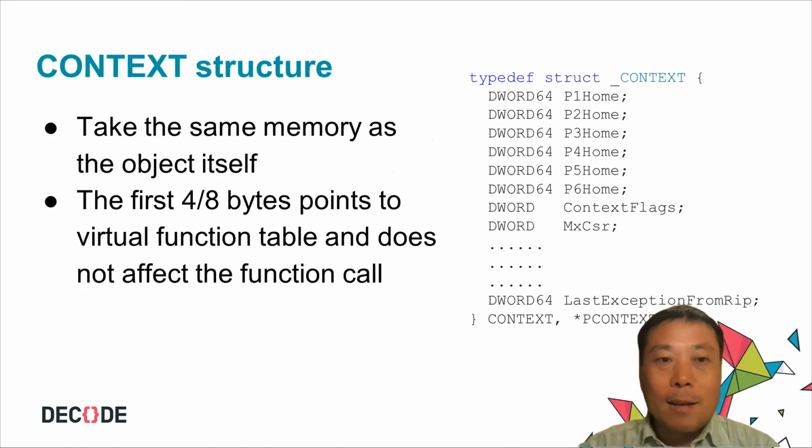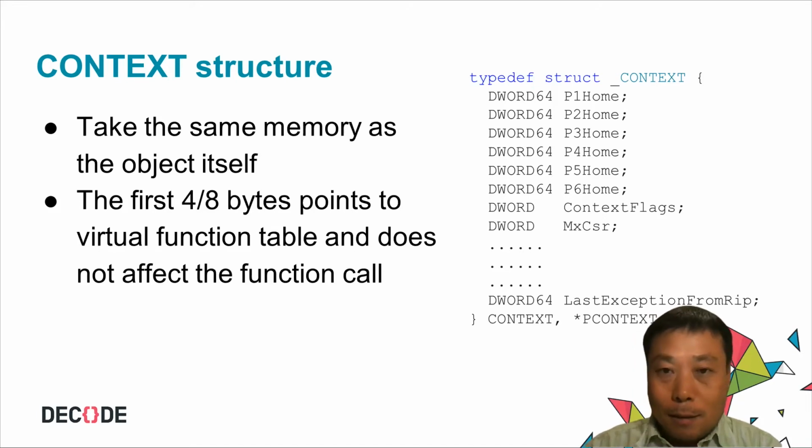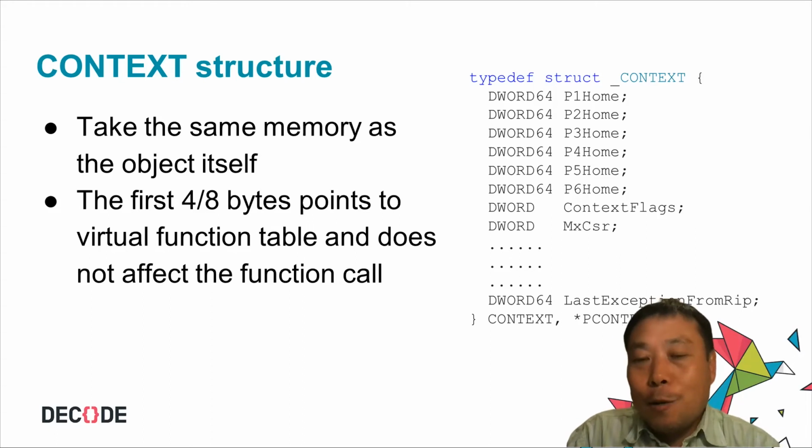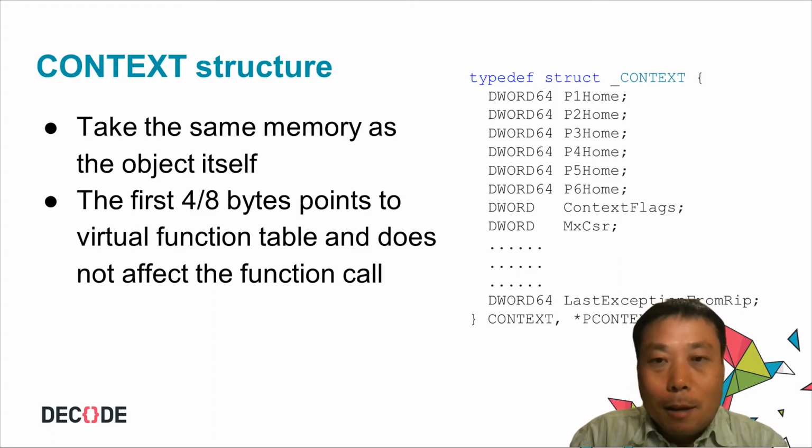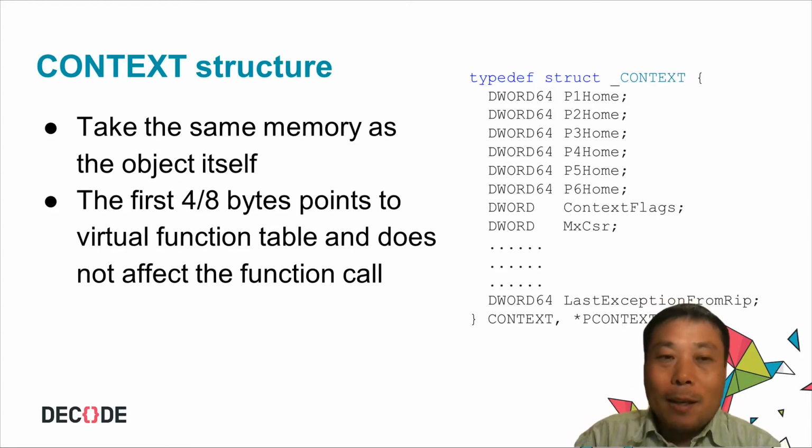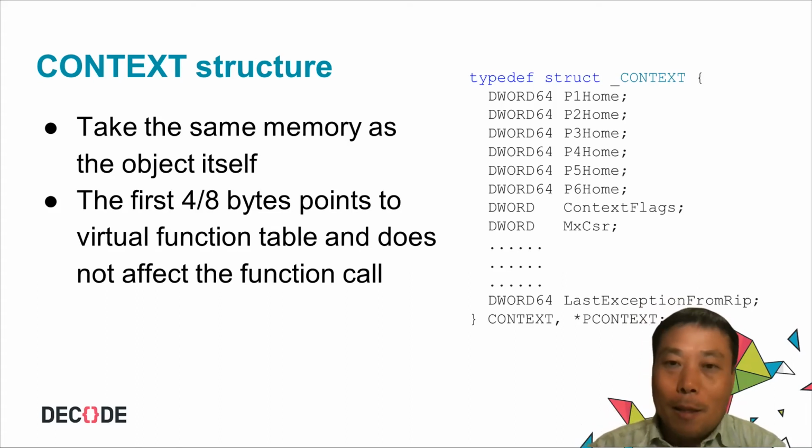So we check this context structure. Remember, the first 4 or 8 bytes will still be a pointer to the virtual function table, so it has to be a valid address. But fortunately, this function call doesn't care about the first parameter. It doesn't use it, so we can put anything there.